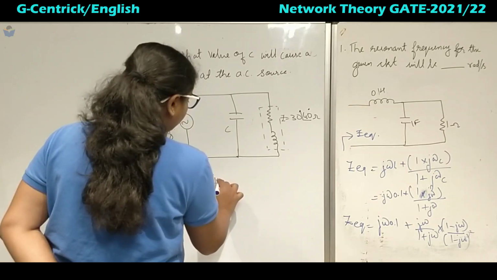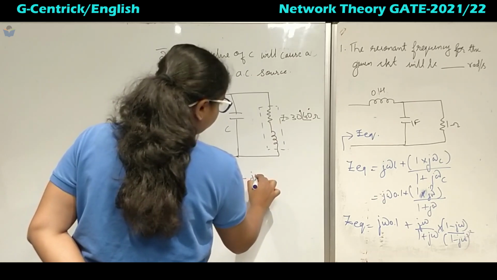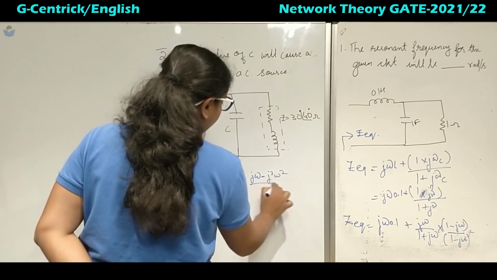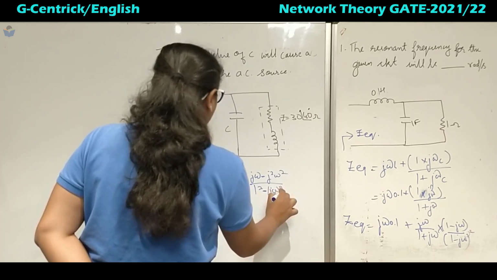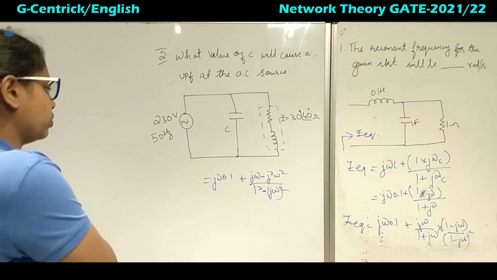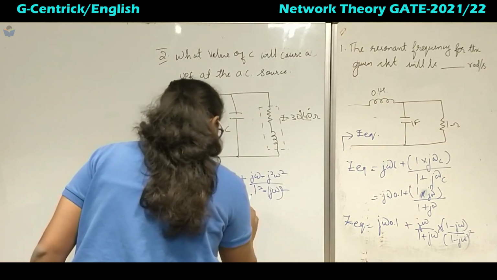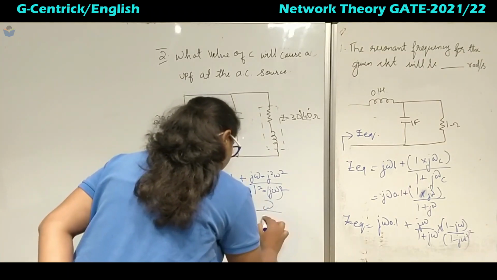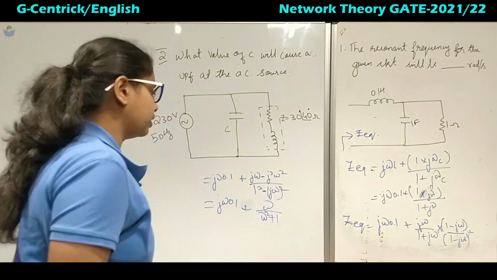This will be j omega 0.1 plus j omega minus j square omega square, over 1 square minus j omega whole square, so this becomes plus omega square. So j omega 0.1 plus omega by omega square plus 1. When you simplify, you will get this one.